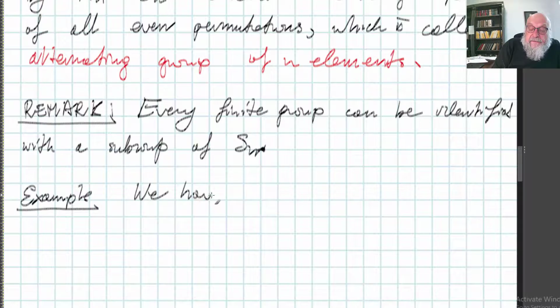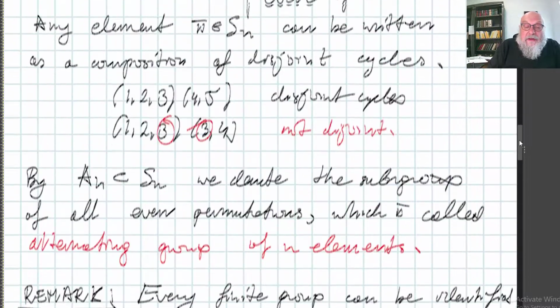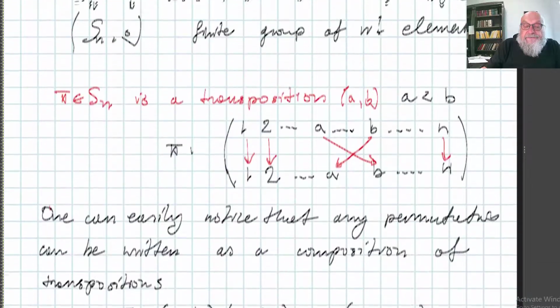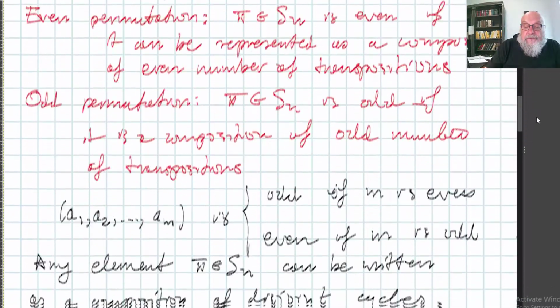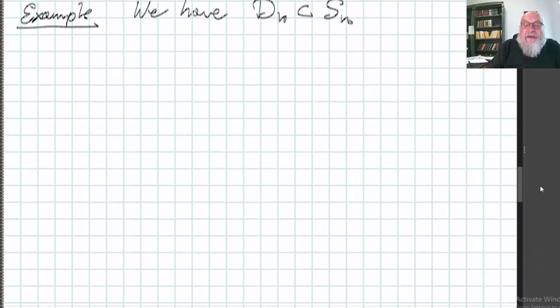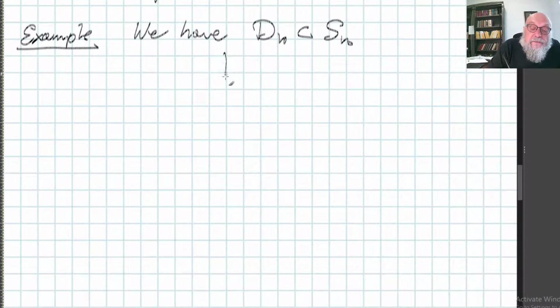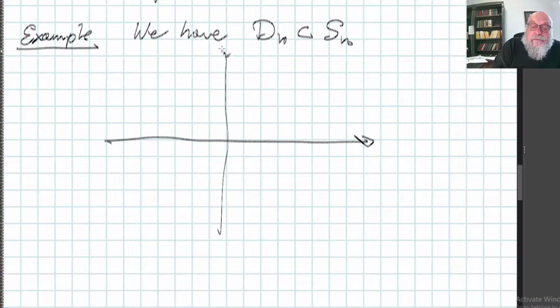We have that Dn can be identified with a subgroup of Sn. So again, let's go back to our picture. Maybe let's make a new picture. Let's consider this polygon.